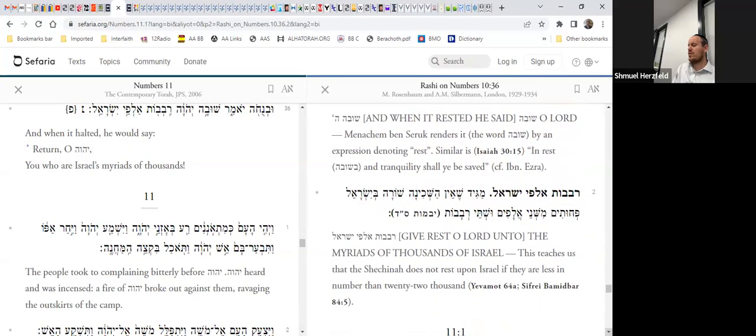So Rashi quotes here: Menachem translated it as tranquility. In tranquility and calm, you shall be served. Rivavos alfei Yisrael: this teaches that the divine presence does not rest amongst Israel if there are fewer than 22,000 people.